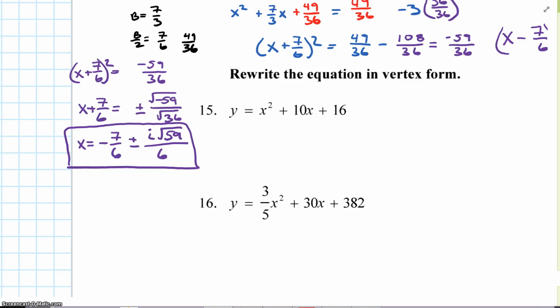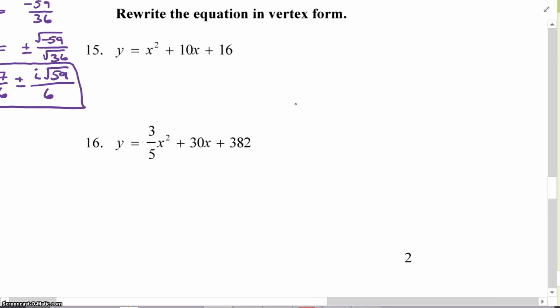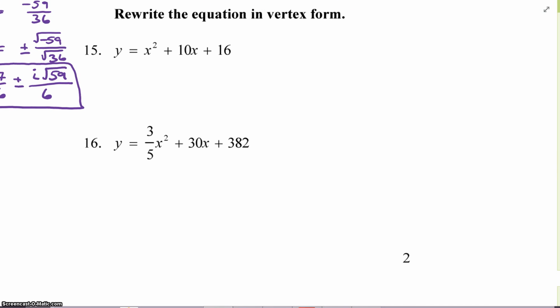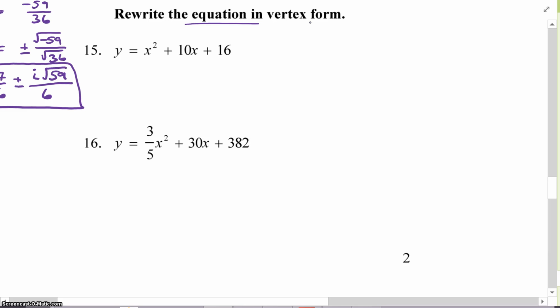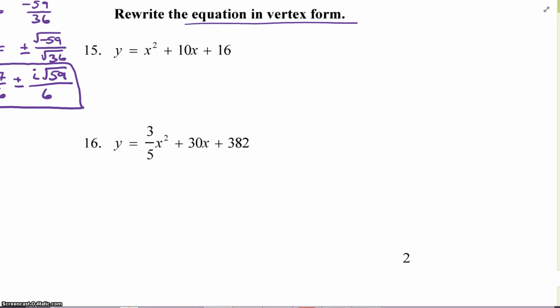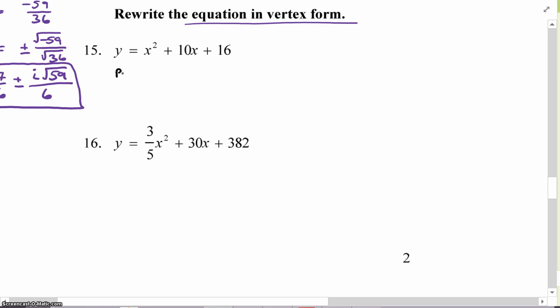Number 15 now. Rewrite the equation in vertex form. So we're just going to complete the square. Just a little bit of work over here. Our b value is 10, so our b over 2 value is 5, and our b over 2 value squared is 25. So what do we need to add to this equation to make it 25?